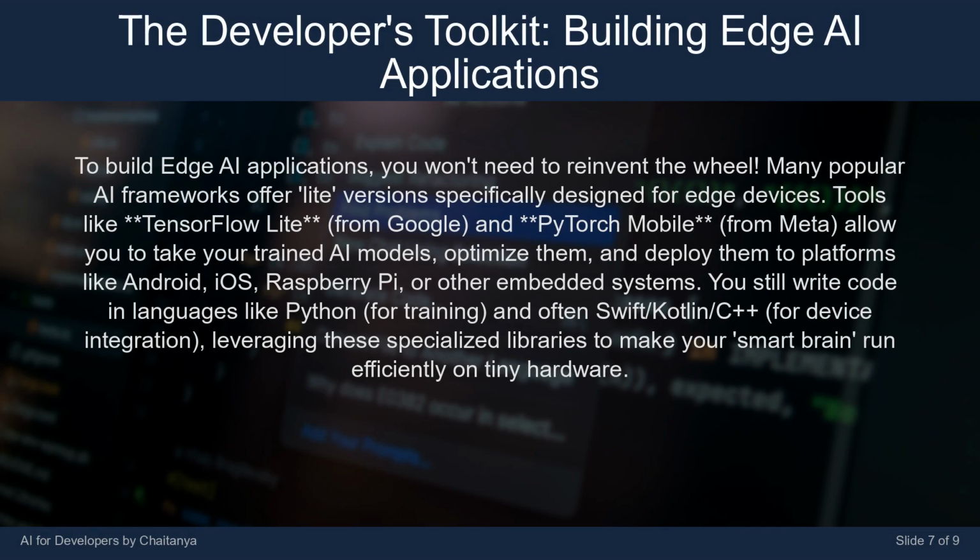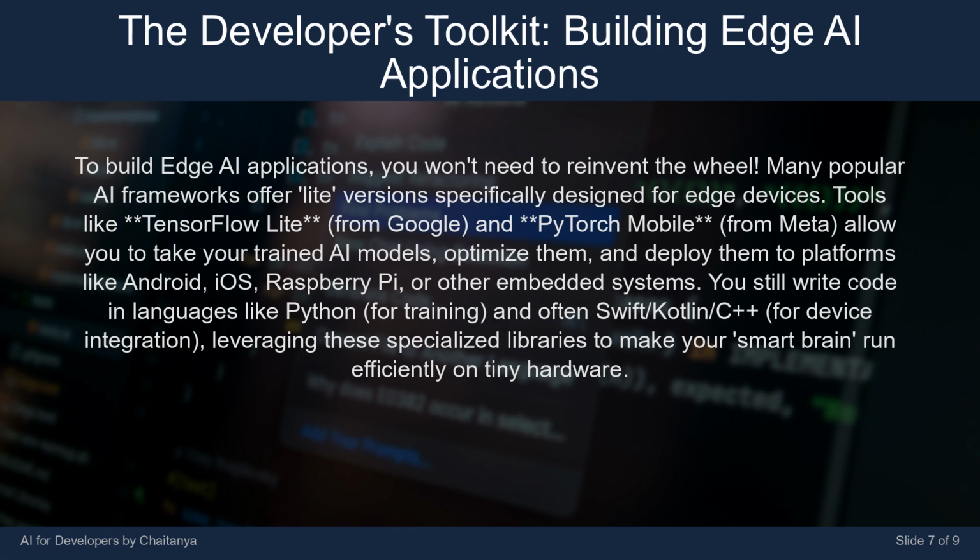To build Edge AI applications, you won't need to reinvent the wheel. Many popular AI frameworks offer light versions specifically designed for edge devices. Tools like TensorFlow Lite from Google and PyTorch Mobile from Meta allow you to take your trained AI models, optimize them, and deploy them to platforms like Android, iOS, Raspberry Pi, or other embedded systems.